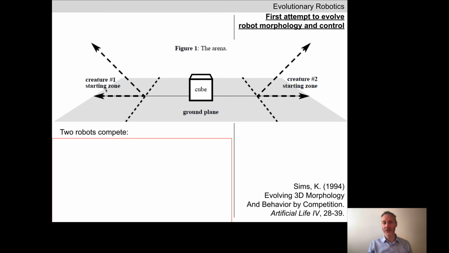Let's focus on creature number one over here. We compete creature one with creature two. At the end of the simulation, we need to assign a fitness value to creature one. What might that fitness function look like? If you have an idea, you can go ahead and try and type the fitness function directly into chat.